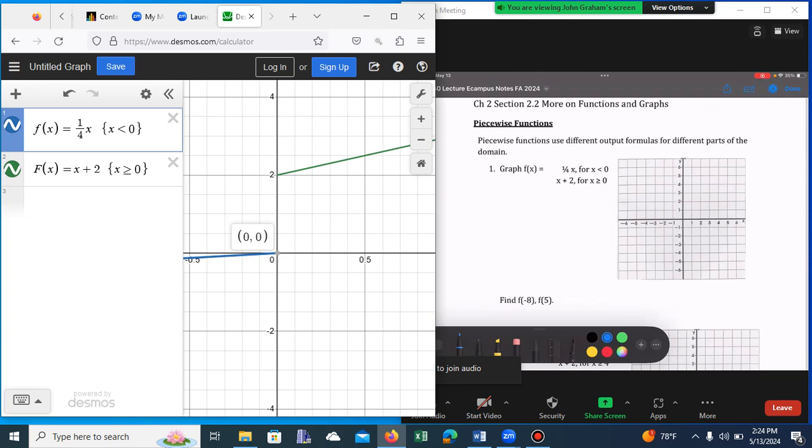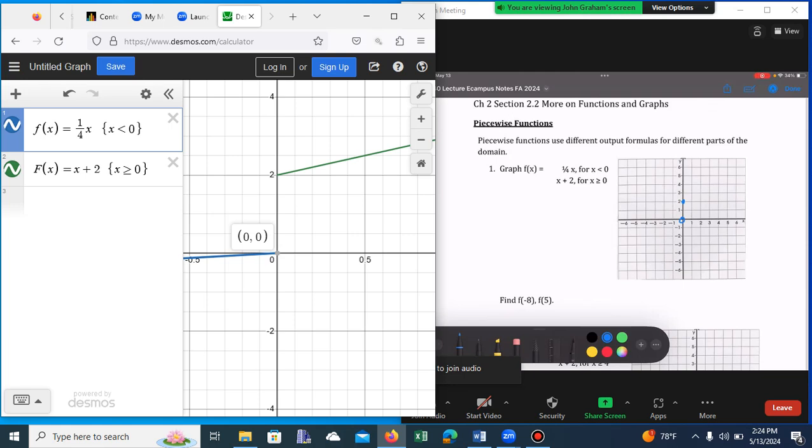It will show up as (0,0) if you click on it, but that's not included. That's because 0 is not included in the 1/4 x. So for this, you'll have an open circle there at (0,0) and a closed circle at (2,0). And then we can graph it.